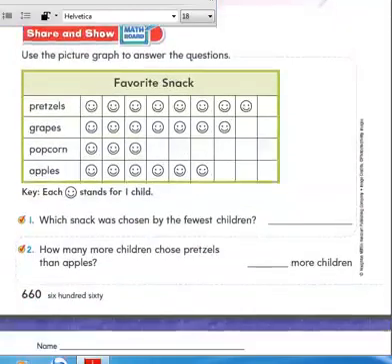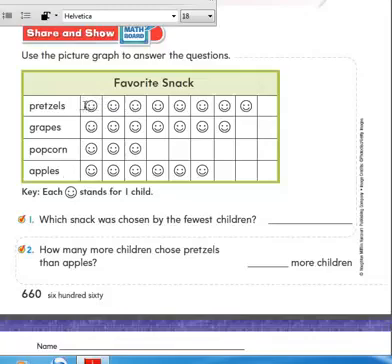Okay. The second one here says to use the picture graph to answer the questions. This is also a picture graph because it has some pictures to represent the numbers. So to get the key, I have to read the title of the picture graph, right? The title here is favorite snack, and it gave me some snacks: pretzels, grapes, popcorn, and apples.